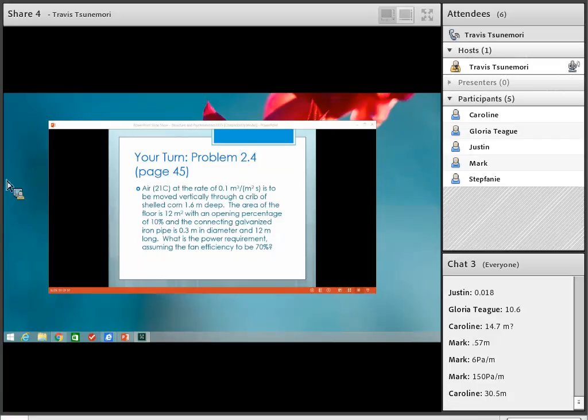Great. Yep, 30.5 meters is the friction loss through the grain. Okay, so now we're ready to add them all up. So let me know when you have your total friction loss through the system.